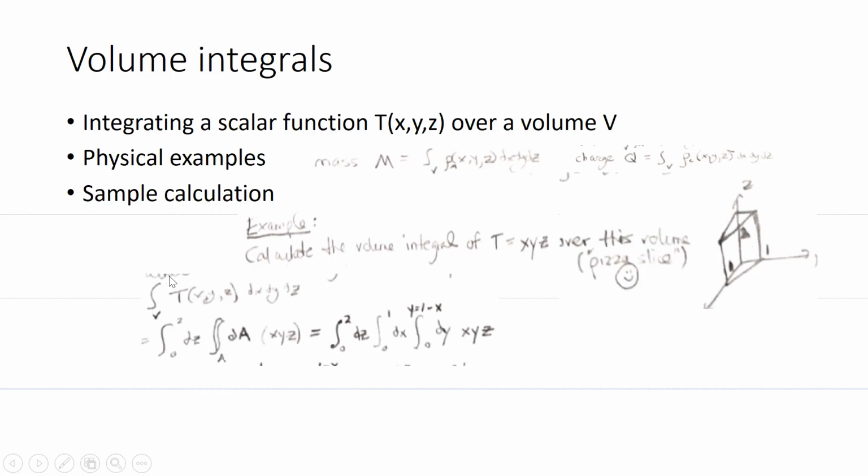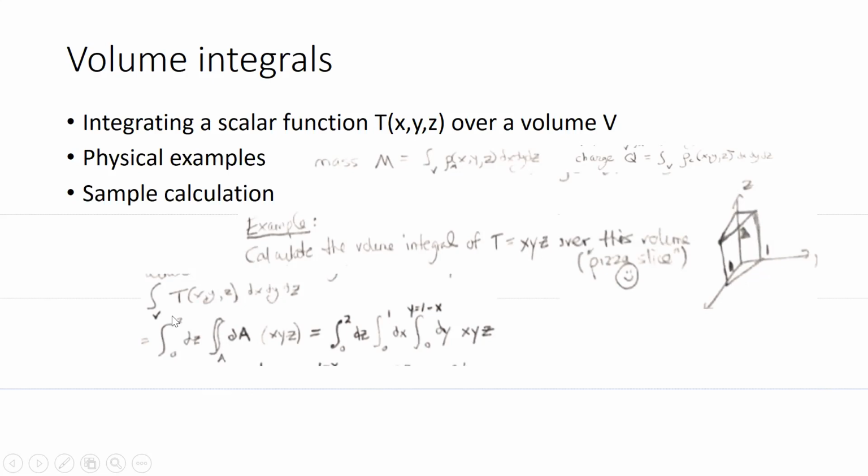Well, we write the volume integral of t dx dy dz, and then we have to pick one axis to integrate over first. We normally pick the axis which has an axis of symmetry, so along z, the shape on the xy plane is the same all along that z-axis.